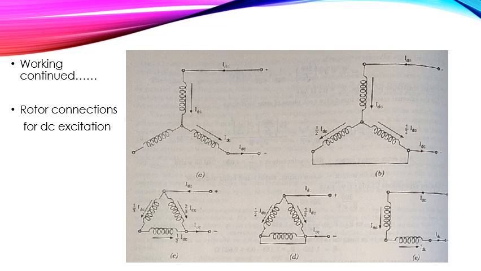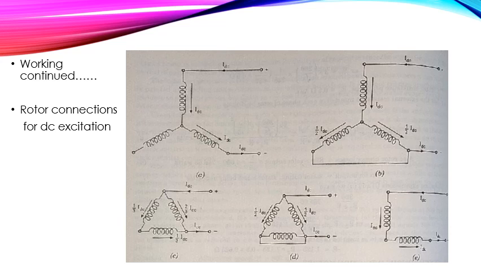Now to understand the working properly, we must know the rotor connections for DC excitation. The DC excitation to the rotor windings may be provided in a number of different ways as shown in the figure. The simplest ways to provide the excitation to the rotor winding are of two types: the two lead and the three lead connections.